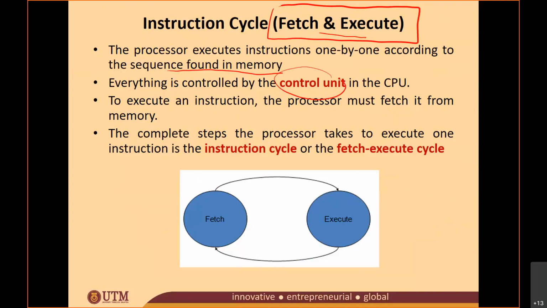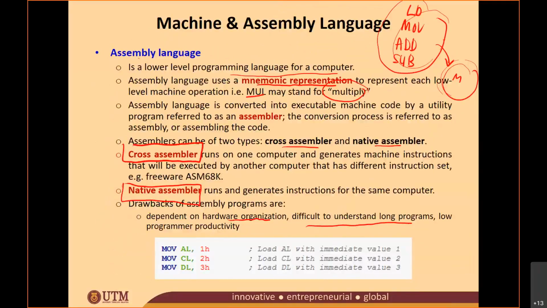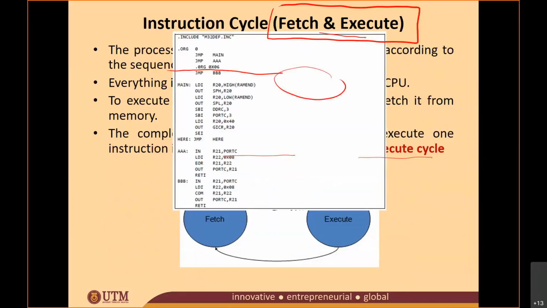Okay, so the complete steps the processor takes to execute one instruction is known as an instruction cycle ataupun fetch execute cycle. Kamu ada 3 instruction, so kamu akan ada 3 fetch and execute cycles in order to execute these 3 instructions.